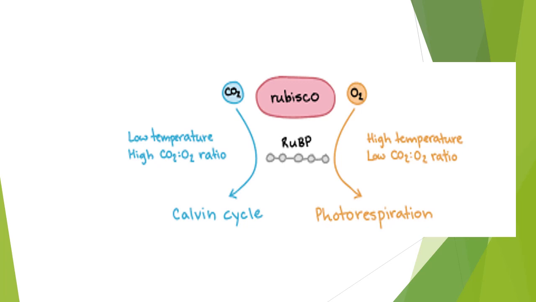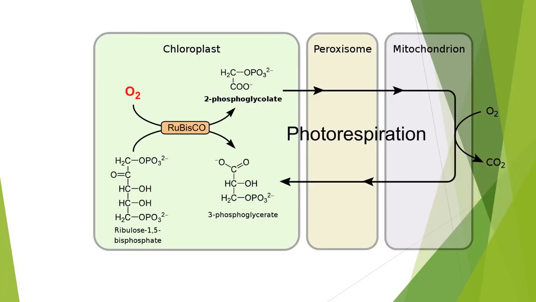If the Rubisco enzyme is getting oxygen, it can even bind with oxygen. That's a wasteful process. Here we can see in chloroplast, Rubisco can again bind with the oxygen to form 3-phosphoglyceric acid and 2-phosphoglycolic acid.